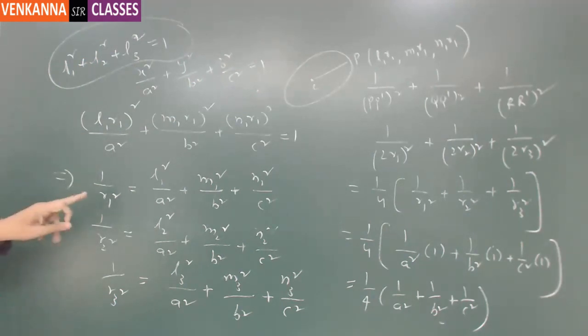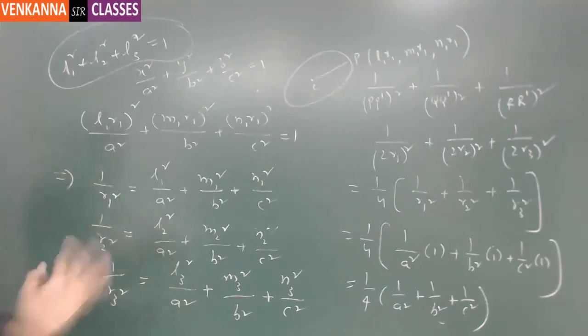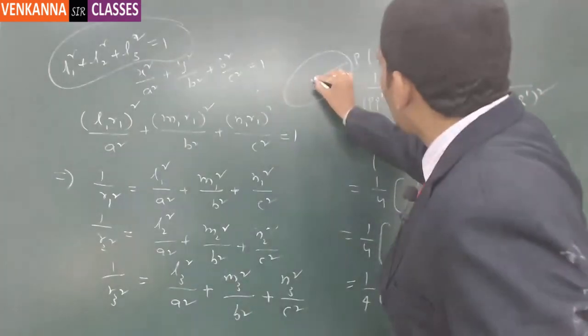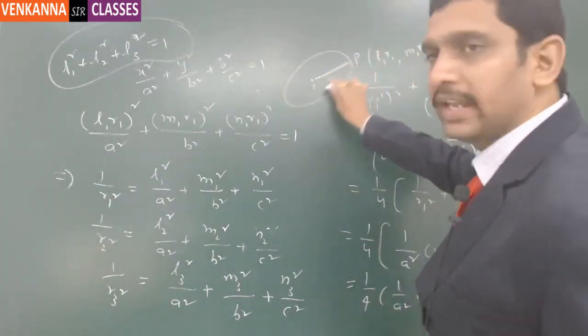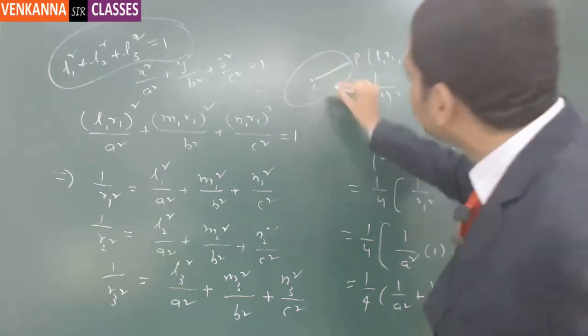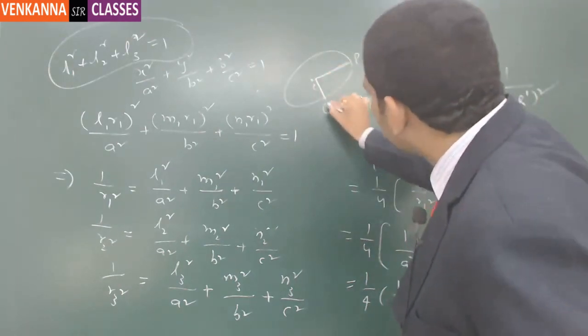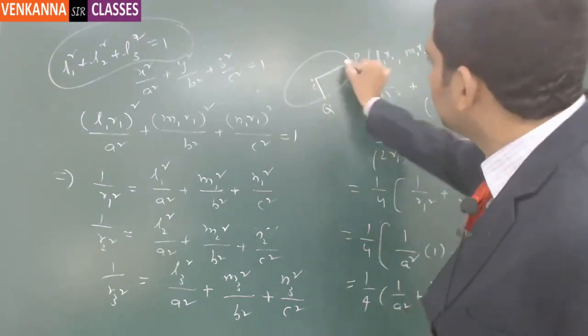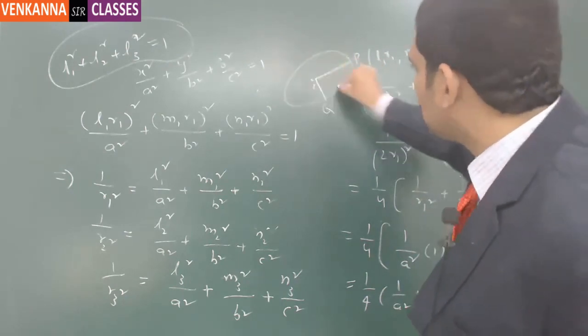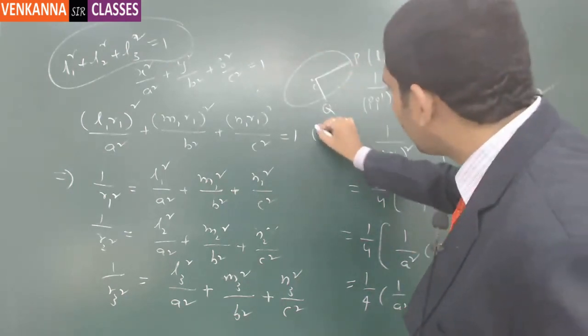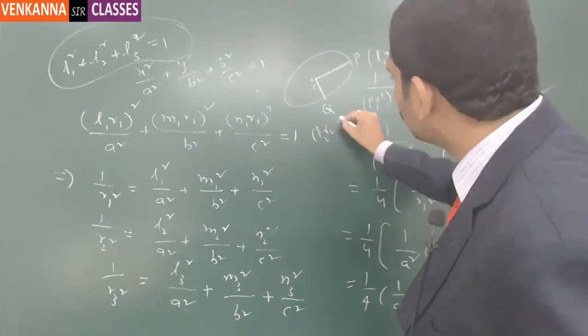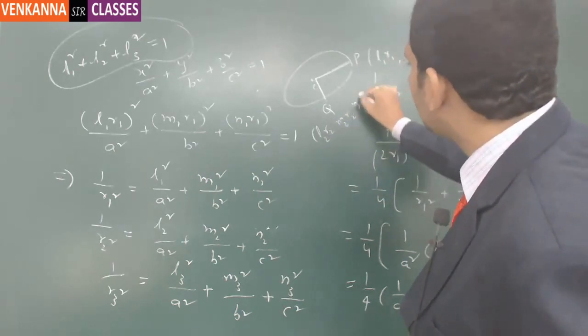Now you got the idea how it came. So if you have a small doubt, this is the half radius. This is the radius I have taken from one diameter. This is the other one, Q, I will take, because P, P dash, Q, Q dash, R, R dash. So here the coordinates are L2 R2, M2 R2 and N2 R2.